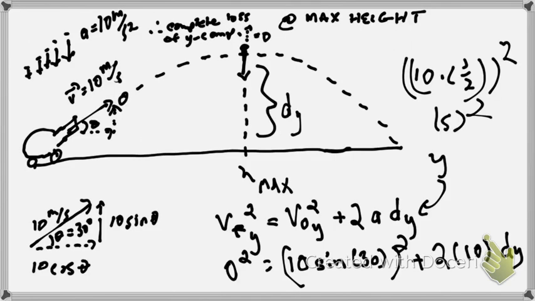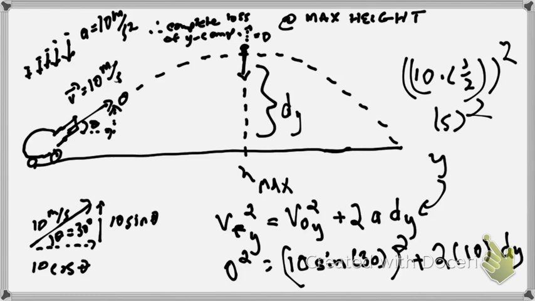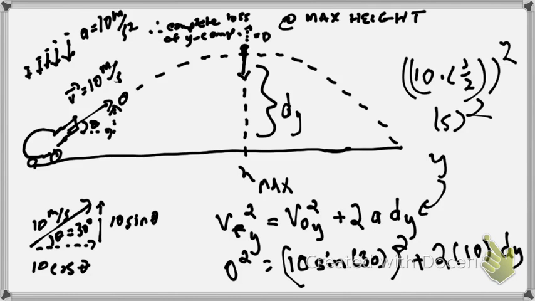So that's 25 plus 20 dy, right? Because we're talking about the y component, and we know that this is 0. All right, and since we are talking about acceleration, we know it's negative because we assume that this was the negative position and that this was the positive position.